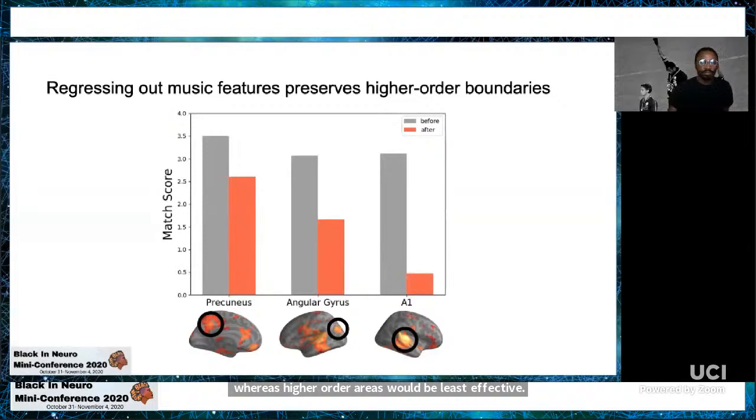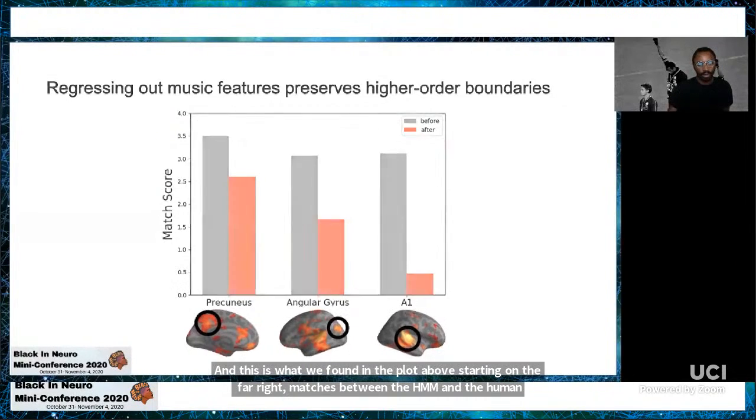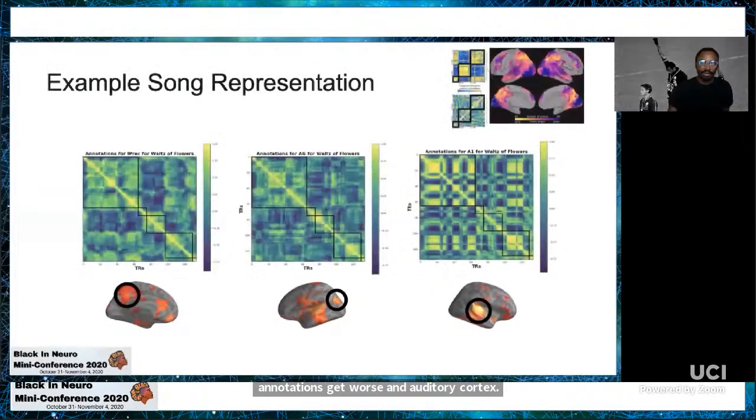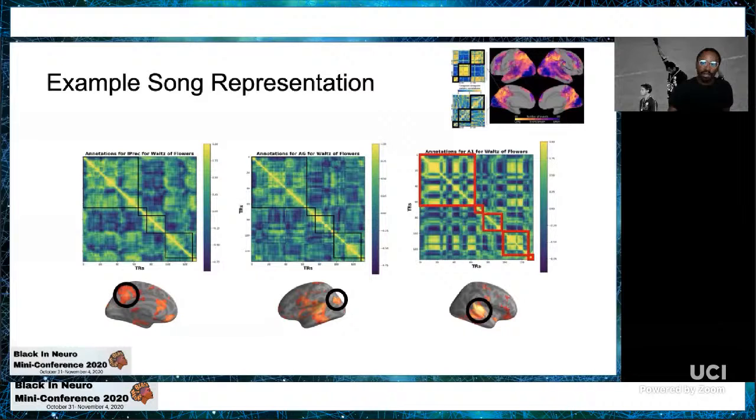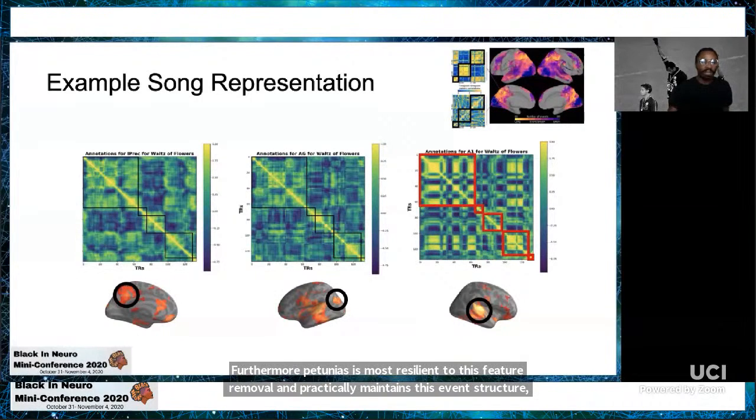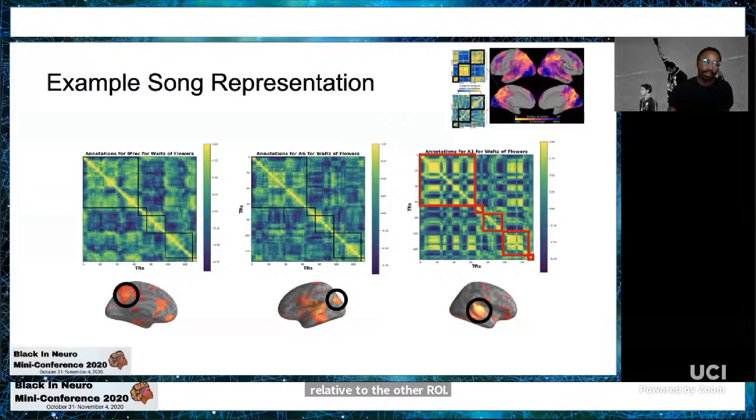Finally, if we take a closer look at the types of representations that exist in each ROI, we see again, starting on the far right, that auditory cortex is representing the short timescale information in the music, whose event boundaries do align with human annotations, but are lost when we remove the low-level musical features from the fMRI signal, as shown on the previous slide. As we march towards the left, we see the representation become more and more abstract as we make it to precuneus on the far left.